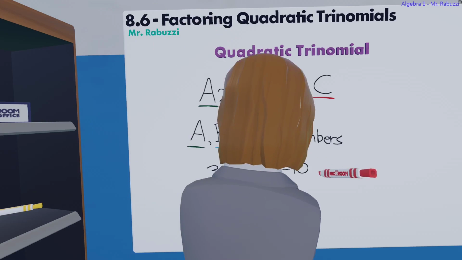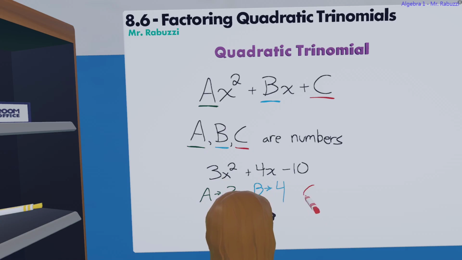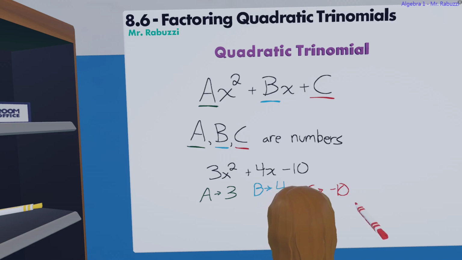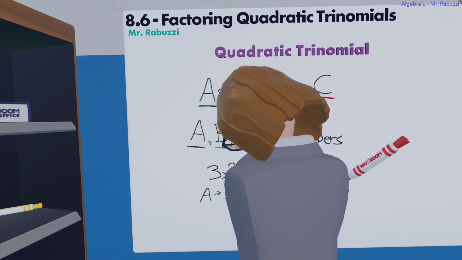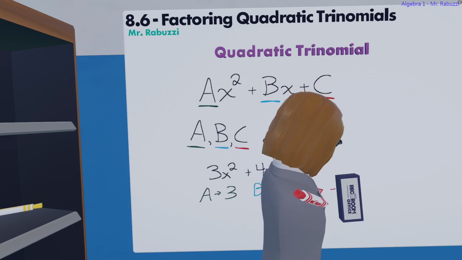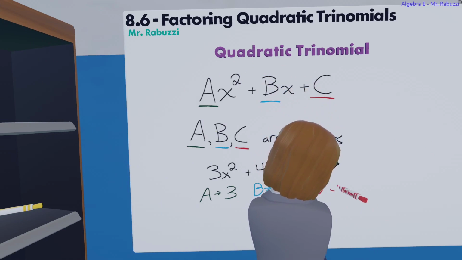And our C number is negative 10. Right? Remember, keep the negative with it. Same with if A or B is negative, you have to remember that they're negative. Okay? Let's fix that up. Negative 10.